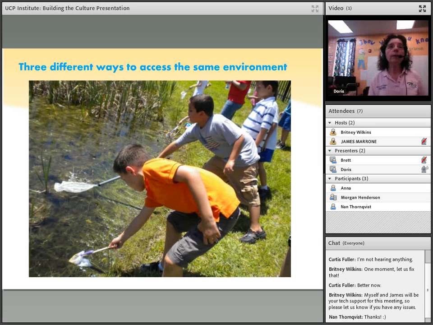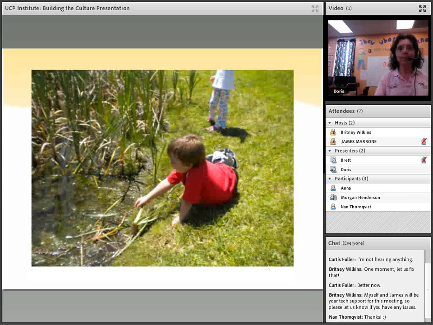So we're out in the pond right near our school, and we're discovering all sorts of life, plant life, animal life, and of course many of our children are pretty much able to go up and stick that net in and get whatever they find out without too much assistance. Of course, you got to give them a little bit of safeguard to tell them how not to fall into the lake. But other than that, they're pretty able to do it on their own.